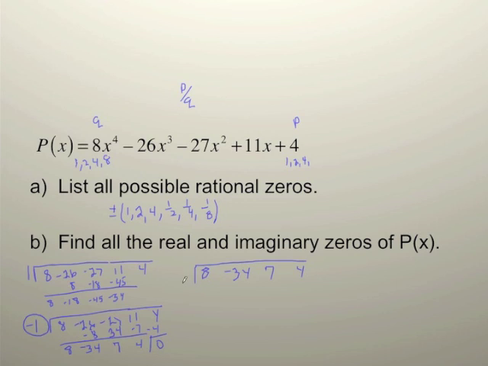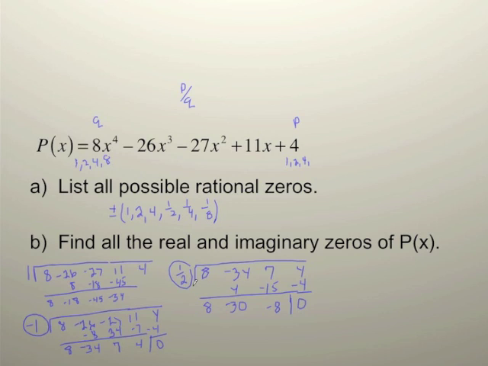I'm going to try 1/2. So bring down the 8. Half of 8 is 4. Adding, I'll get negative 30. Half of negative 30 would be negative 15. Adding, I'll get negative 8. Half of negative 8 is negative 4. And I've got a 0. So 1/2 is another 0.